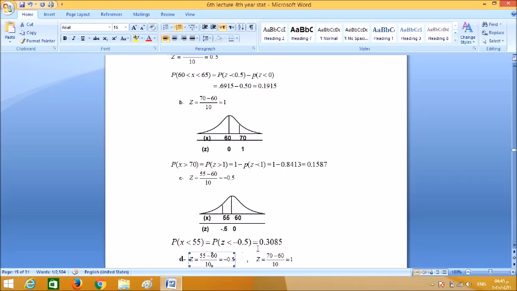Okay, so from the table this probability equals 0.3.